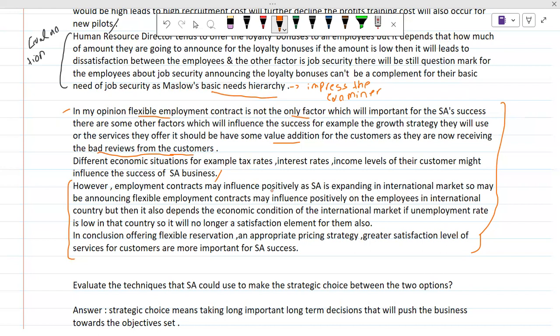Employment contracts may influence positively as the company is expanding in the international market, but then it also depends.